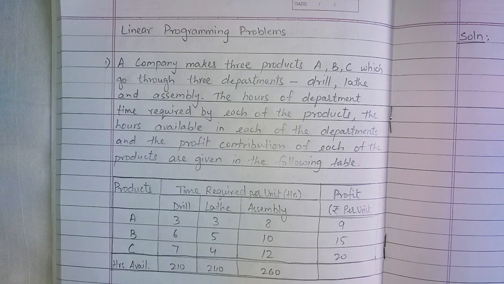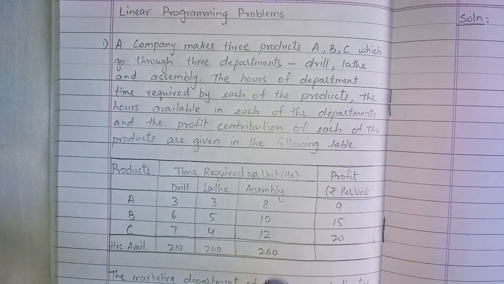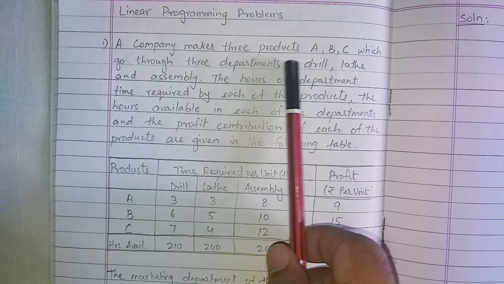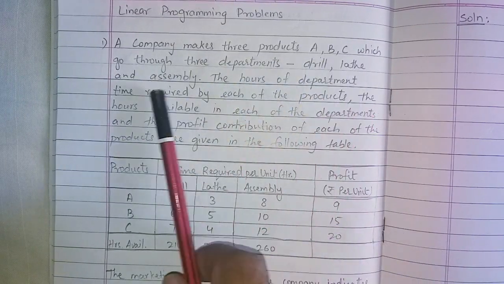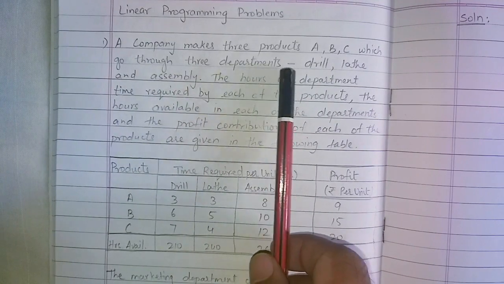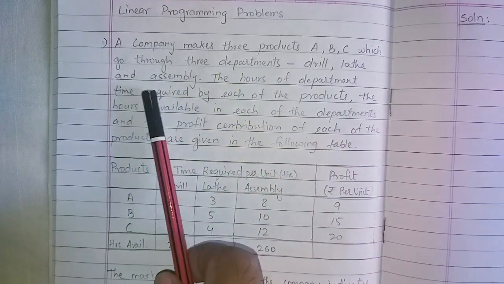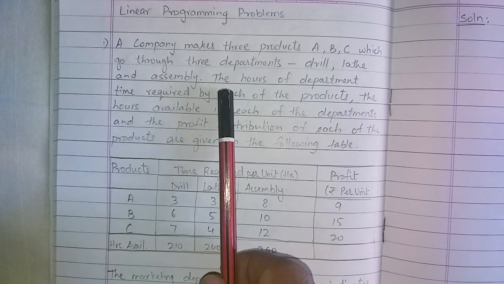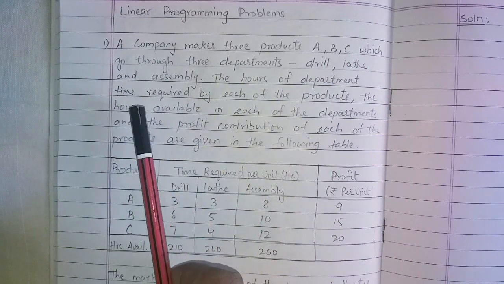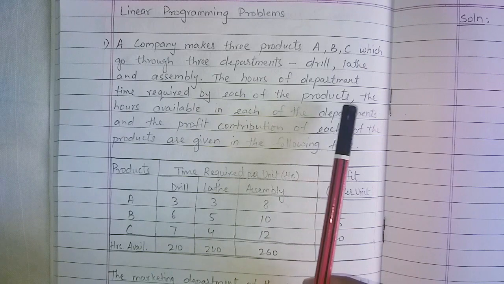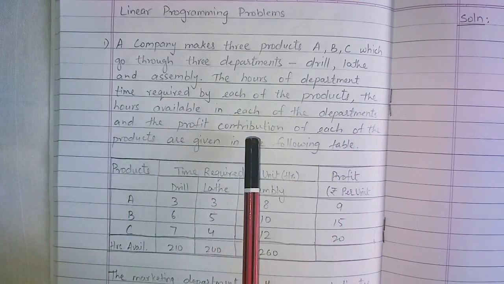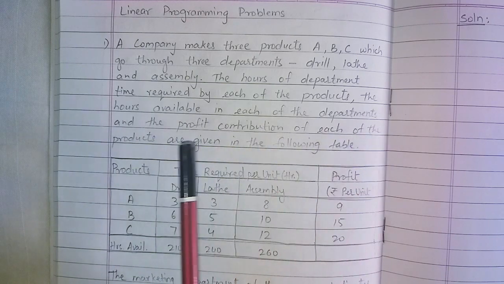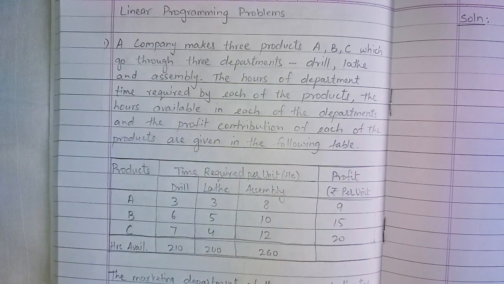To begin with, I have taken one example of a company which produces three products A, B and C, which go through three departments: drill, lathe and assembly. The hours of department time required by each of the products, the hours available in each of the departments and the profit contribution of each of the products are given in the following table.